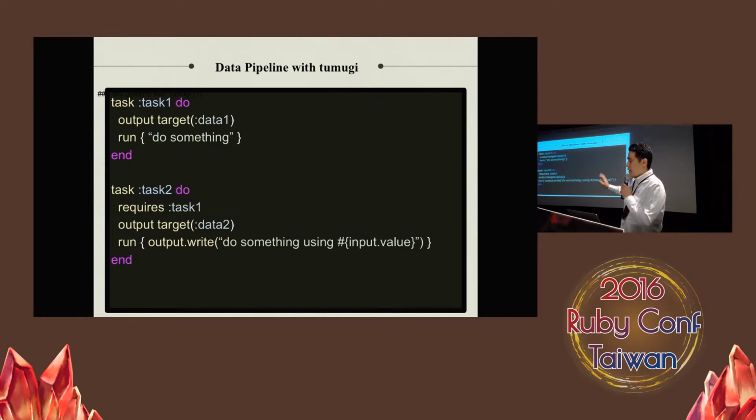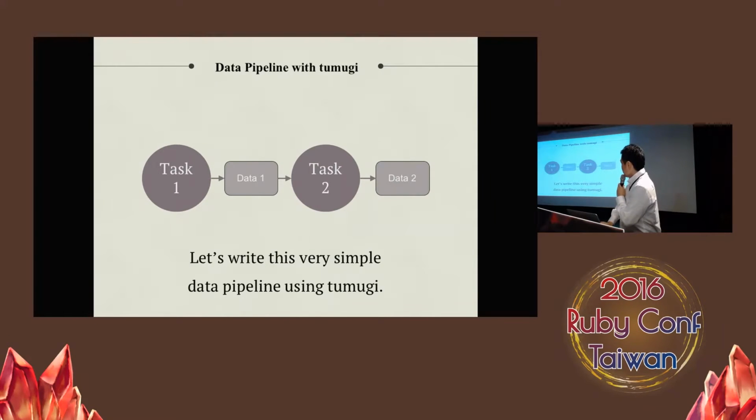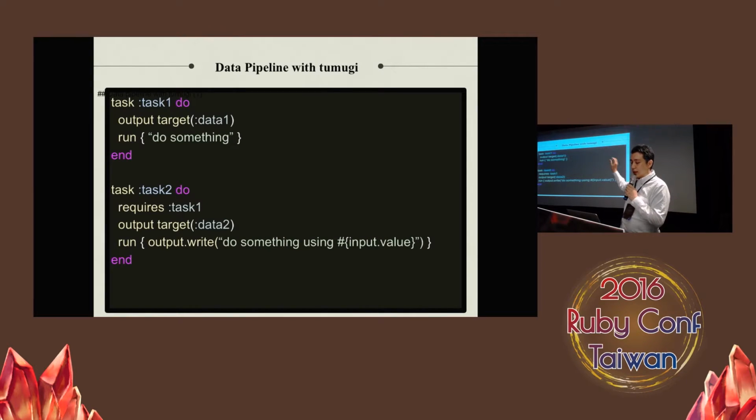It is very clear how to write the data pipeline. This pipeline has two tasks and two outputs, and defines a dependency with the requires method.